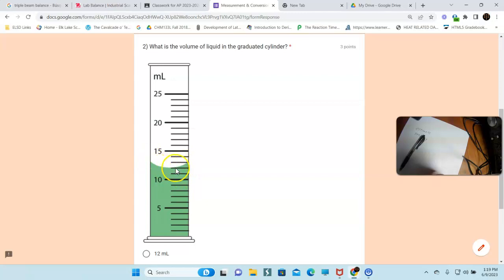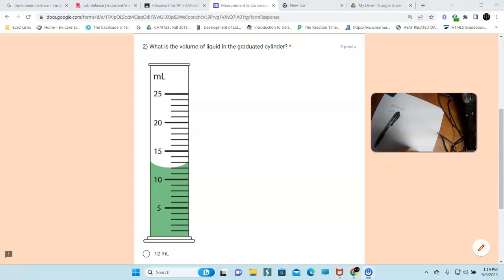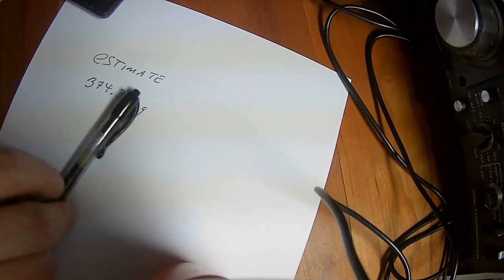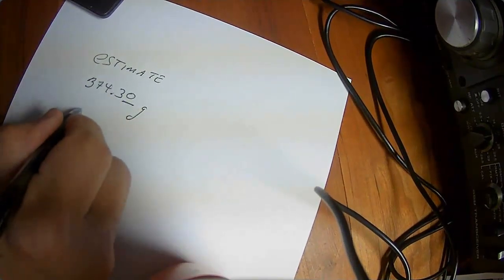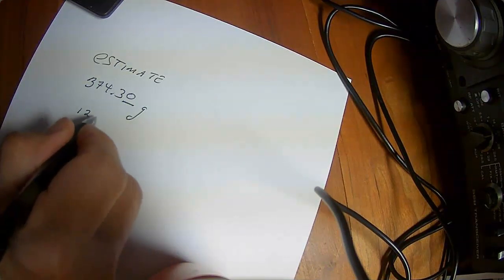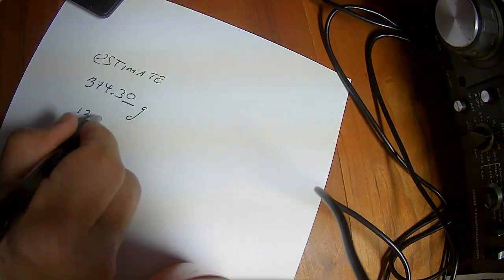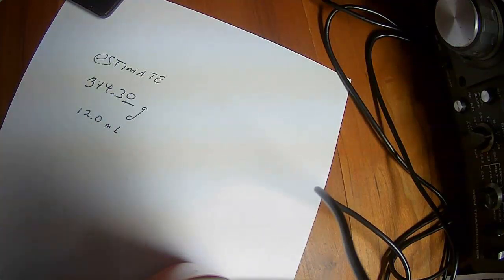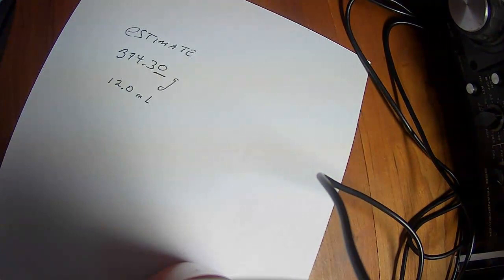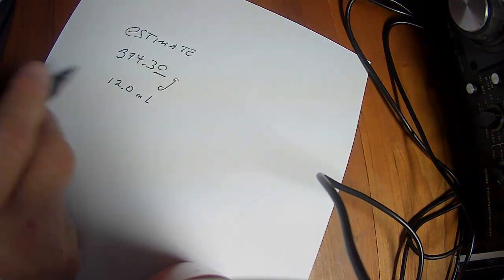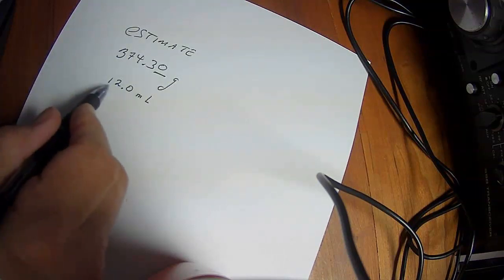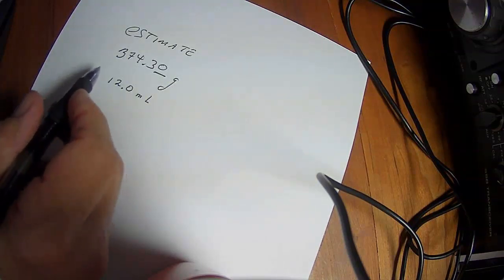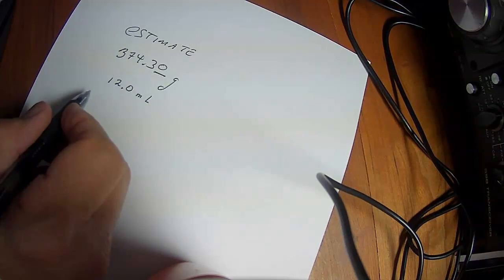The meniscus is right on 12.0 milliliters. So if you were going to write that, you go ahead and say, well, I can read to 12 perfectly fine, and I have to estimate one place after the decimal point. Now that's something that they don't give the option for the answer on that, but to be correct, you really should do that. And of course, if you write 12 milliliters on this little online quiz, you're correct.